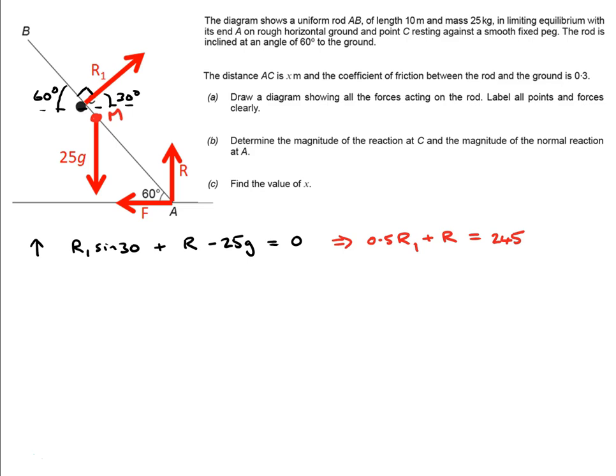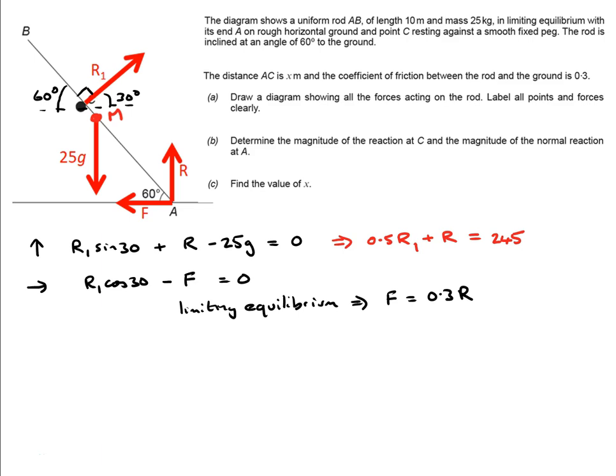If we resolve horizontally, we've got R1 cos 30 minus F must equal 0. But we know that we have limiting equilibrium in this case, so F is 0.3 R.